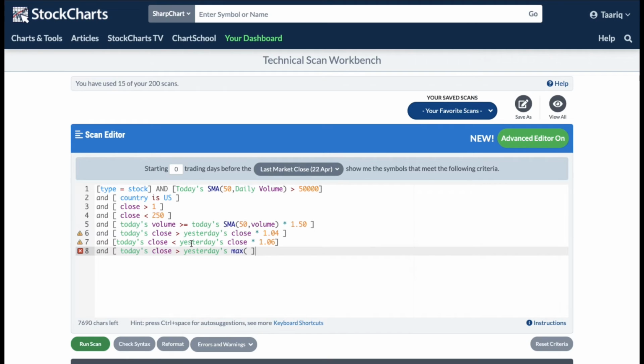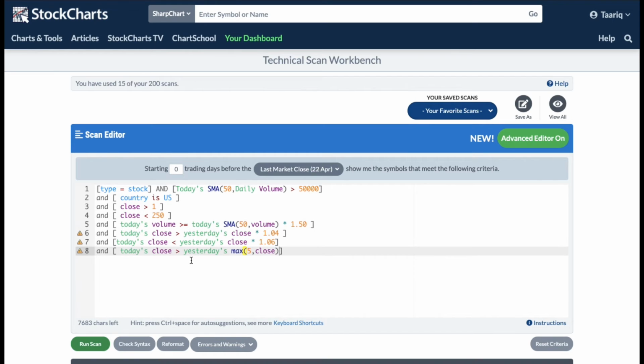Like I said, we want to see that the max price keeps getting beaten. So we want to see that the price keeps going up each day. So the max over 5 days, and we're looking at the closing price. We want to see that today it's beaten yesterday's max over the 5-day period. And so that's how we set up this scan.